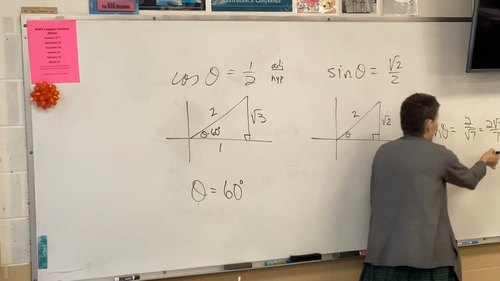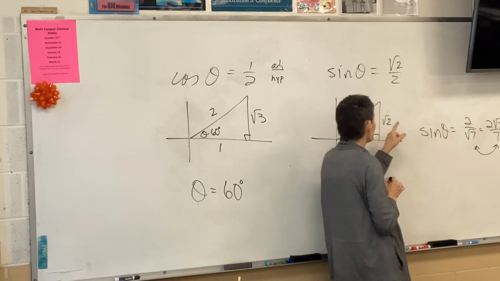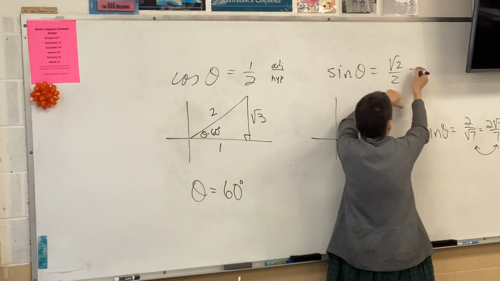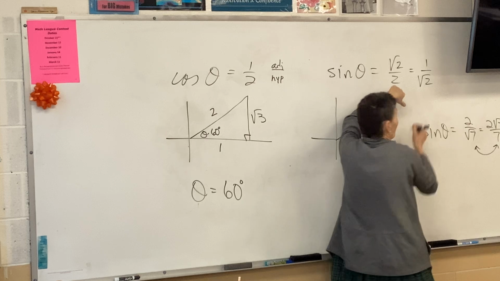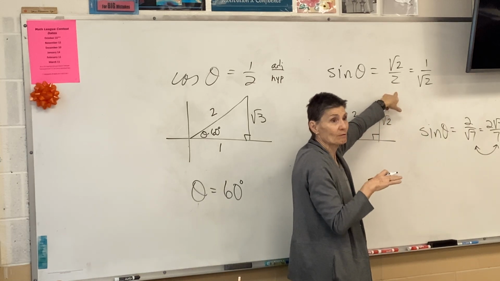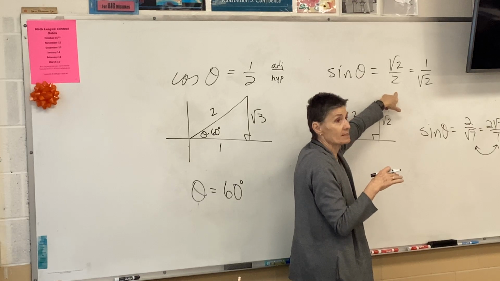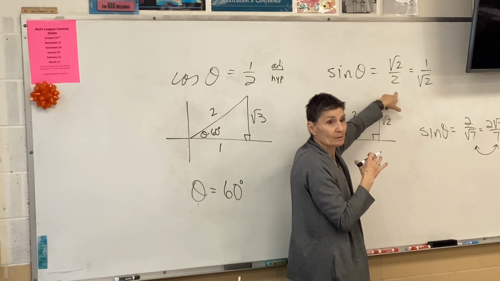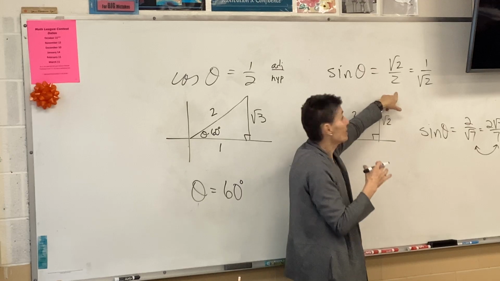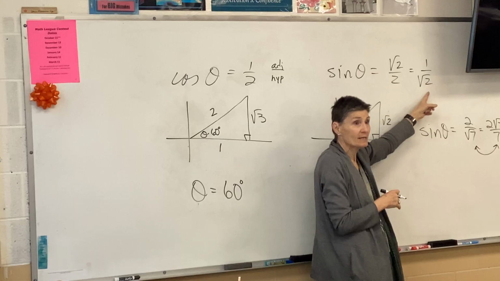But aren't these two things exactly the same? This has been rationalized. This is the same as 1 over root 2. Now let that digest for a second. I won't give you one like this on a test.